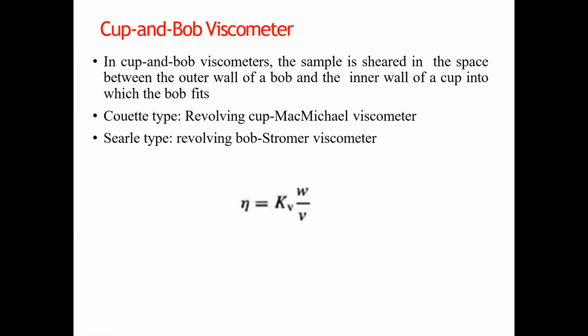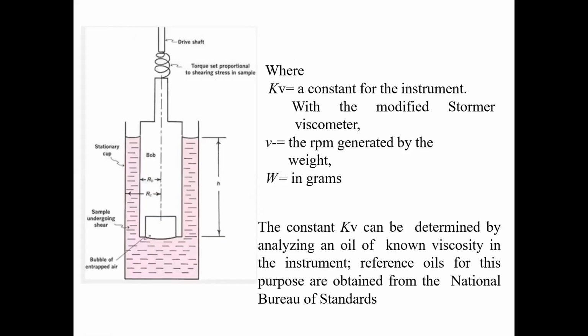Cup and bob viscometer. In this cup and bob viscometer, the sample is sheared in the space between the outer wall of a bob and the inner wall of a cup, to which the bob fits. That is the Couette type, and the formula is given.